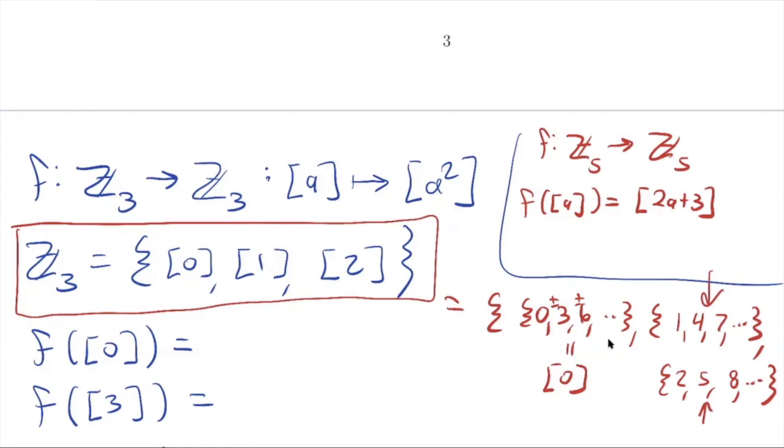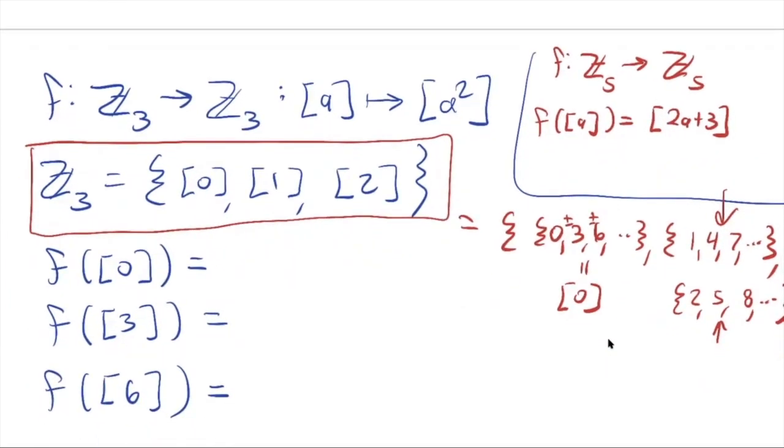What would be really bad for a map like this to do is depend on the representative that we pick. If I pick 0 from this set as my representative and think about where it gets mapped to, what we'd like is for all of the elements in this set to get mapped to the same equivalence class in the image. So I can't re-scramble my integers, if that makes sense.